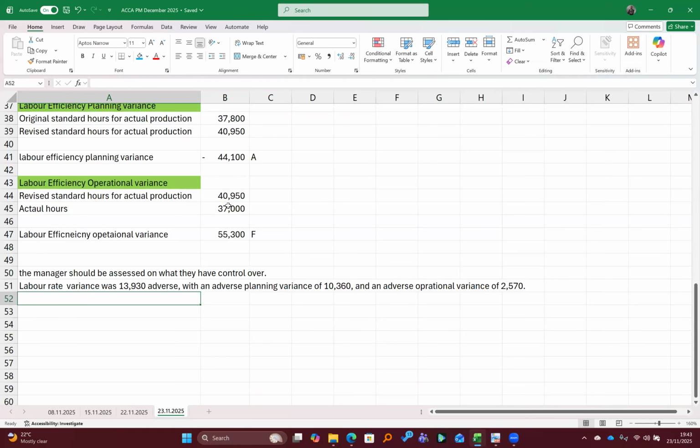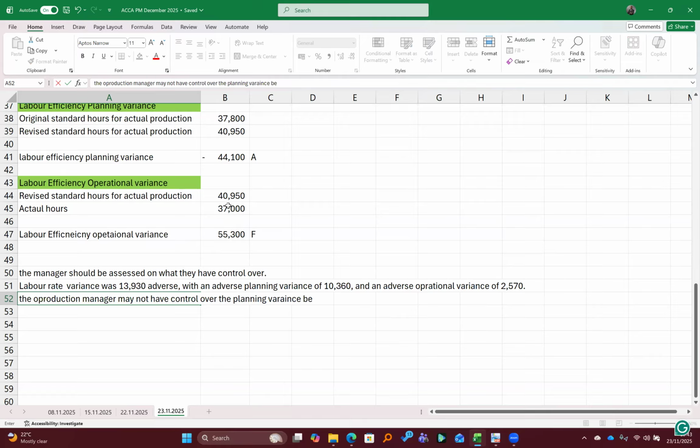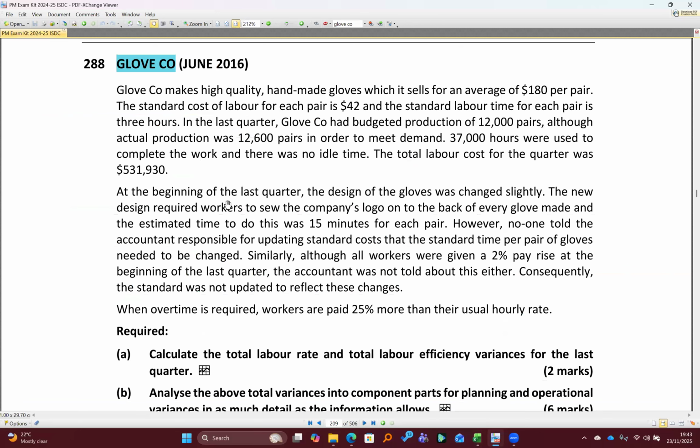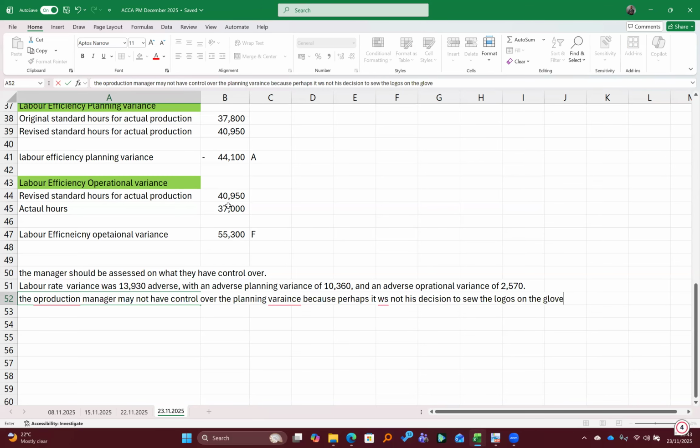So you can say the production manager may not have control over the planning variance because perhaps it was not his decision to sew the logos on the gloves, okay?